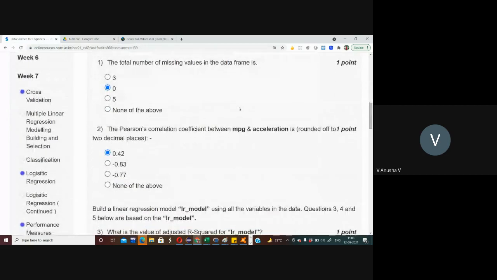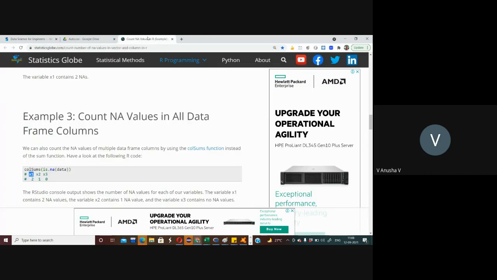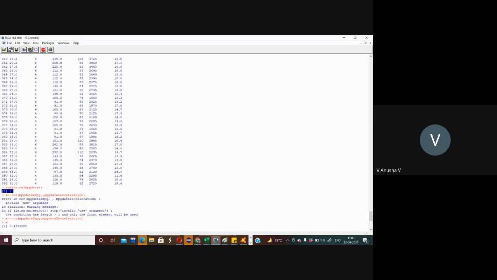Next is the Pearson's correlation coefficient between mpg and acceleration. You need to solve the Pearson's correlation coefficient between these two variables, mpg and acceleration, and you have to round it off to 2 decimal places. How can you do that? There is one function called cor. This cor takes those two variables which you are referring to.